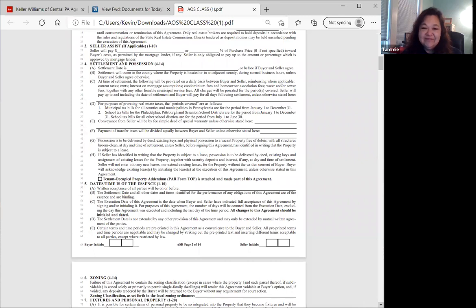And would you just write buyer to pay seller's 1% transfer tax, or would you write buyer to pay full? Buyer will pay the 2% Pennsylvania real estate transfer tax. Okay. I think in Philadelphia it's a fairly high amount just for the city, another transfer tax, 3% or something.